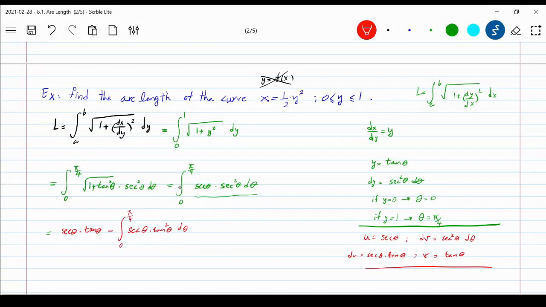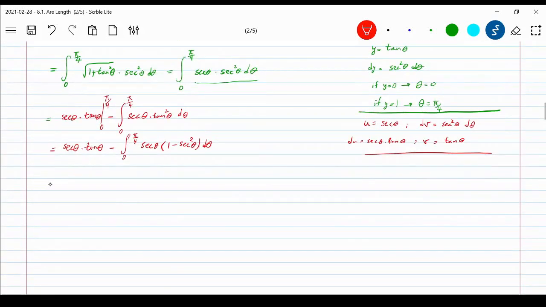Let's ignore the boundary for the moment until we calculate the integral, because we have to evaluate this from 0 to pi over 4 as well. That is the same as secant theta tangent theta minus this integral from 0 to pi over 4. Instead of tan squared, you can write secant squared theta minus 1 d theta.